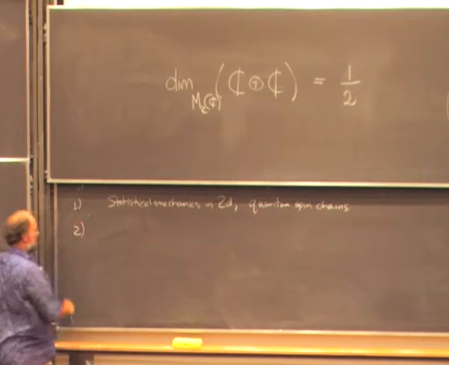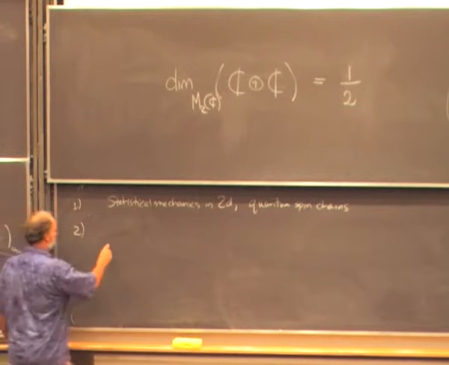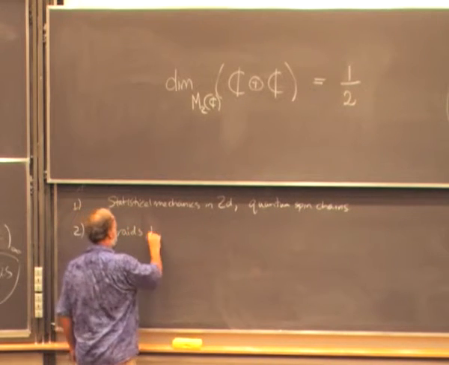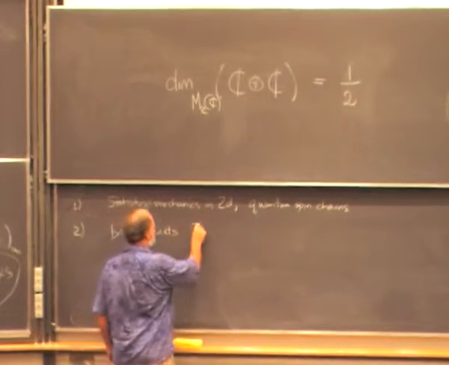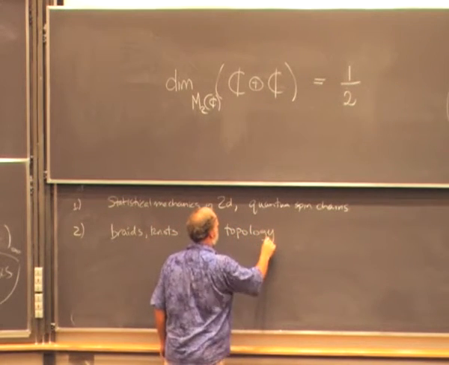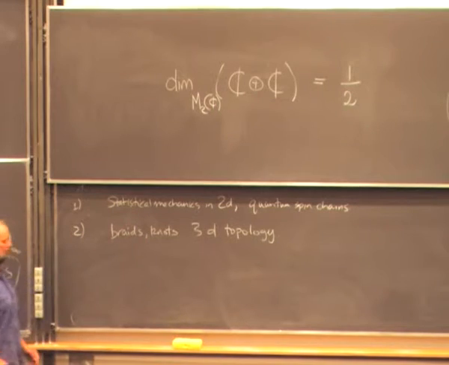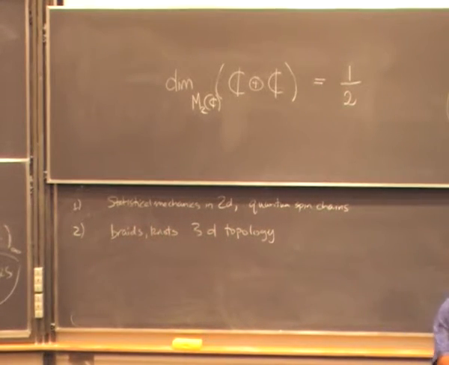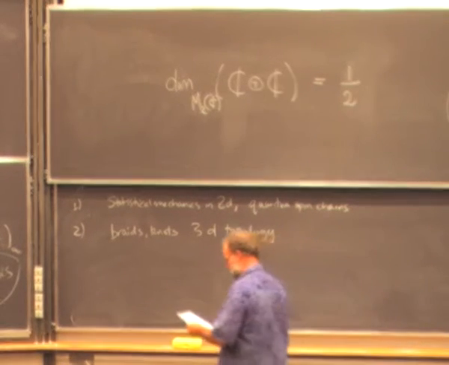There you have it. The second one is knots, braids and knots in 3-dimensional topology. The third one, I have to respect this chronological order. It's quite useful. There's combinatorics.